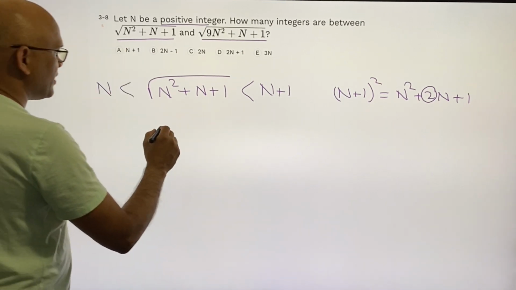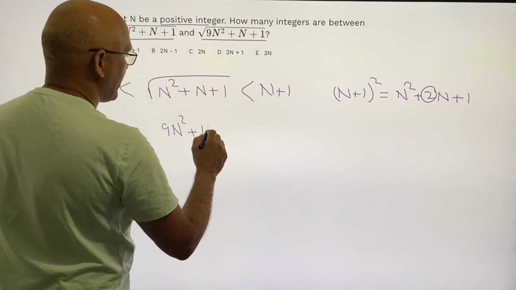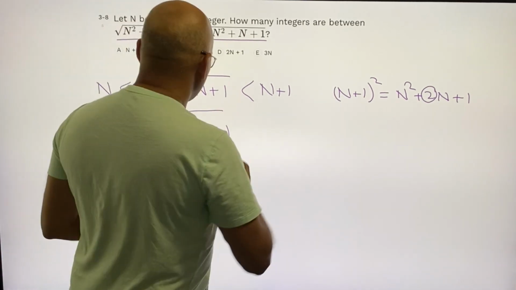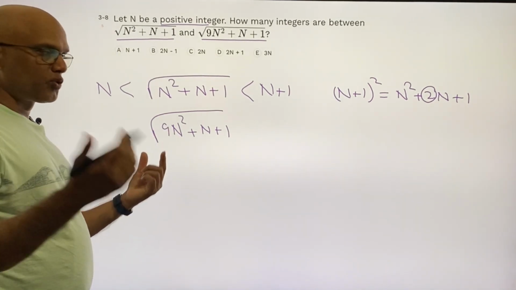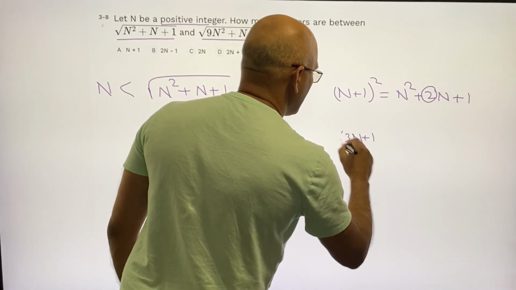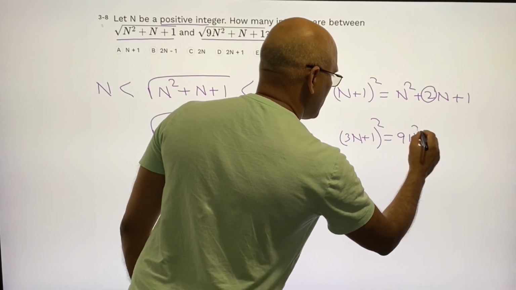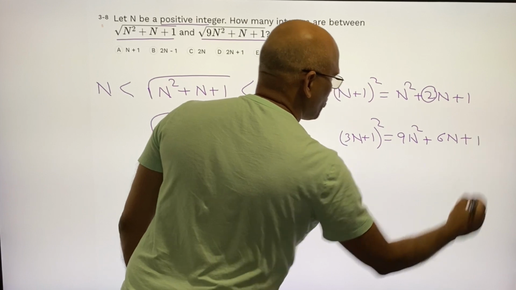Similarly, the square root of 9n squared plus n plus 1. So 9n squared is (3n) squared. And (3n plus 1) squared is going to be 9n squared plus 6n plus 1.